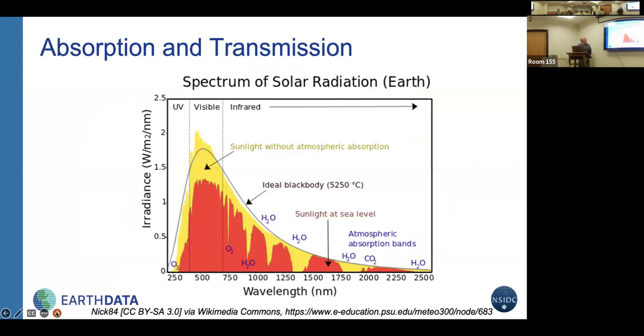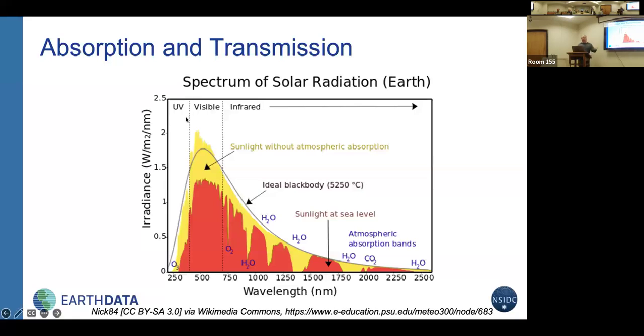We look at the spectrum of solar radiation. We can actually measure the actual amount of radiation, and you can see it's not actually an ideal black body, which is this nice smooth curve here. And this is again the sun's energy coming to Earth.